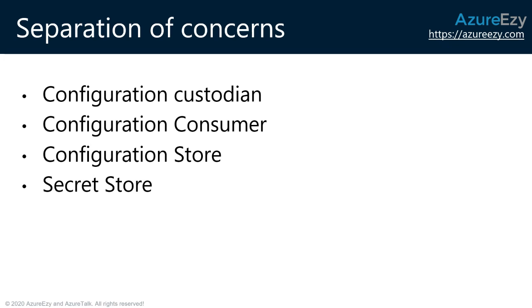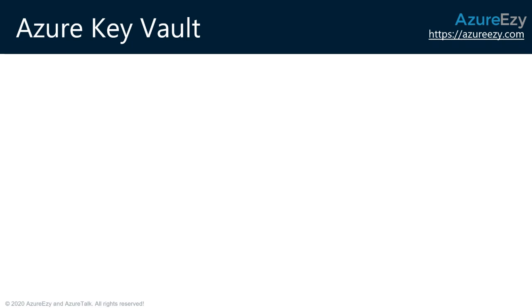Now, when you look at certain solutions, one of the solutions coming from the Microsoft ecosystem is Azure Key Vault. Azure Key Vault is a solution from Microsoft which gives you a way to manage your secrets.